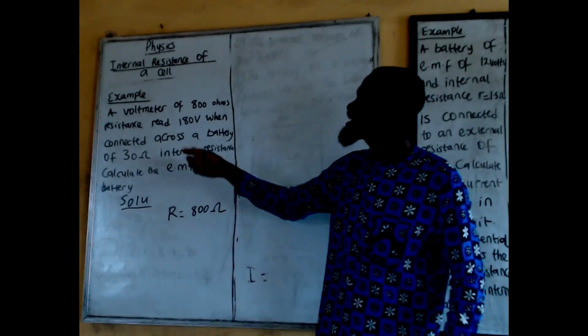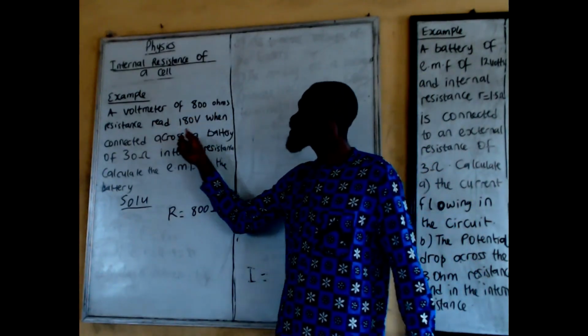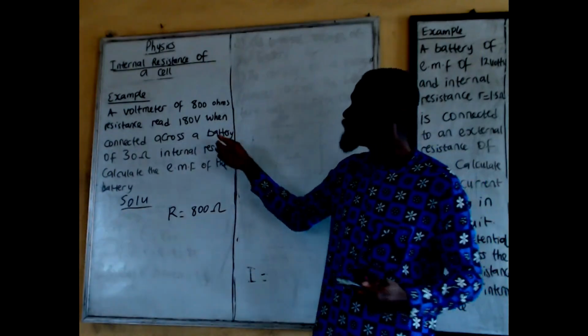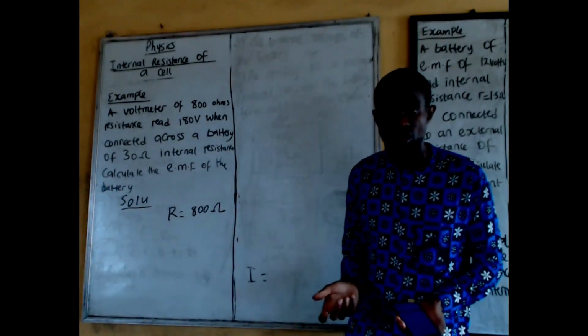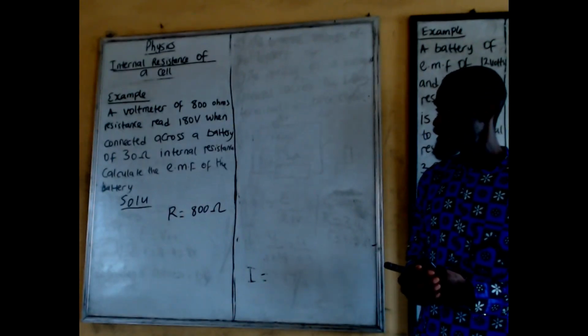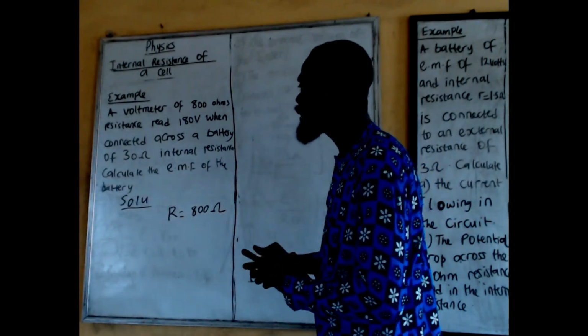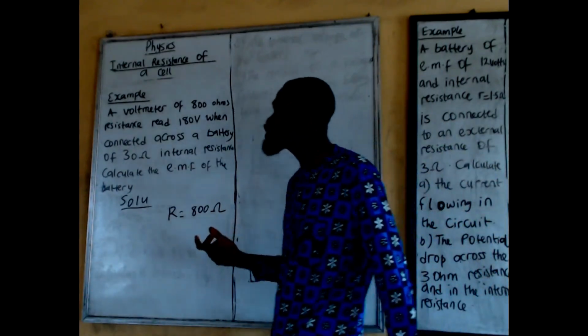Now, it gave a reading of 180 volts when connected across a battery. So they use it to read a battery, and it gave a potential difference of 180 volts. Is that the EMF of the battery? No, it is not the EMF of the battery, because we are not told that the battery is in an open circuit.